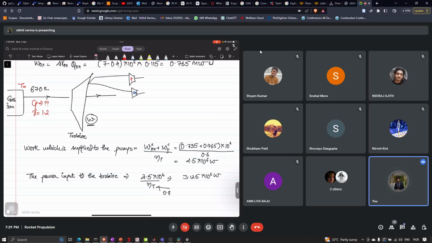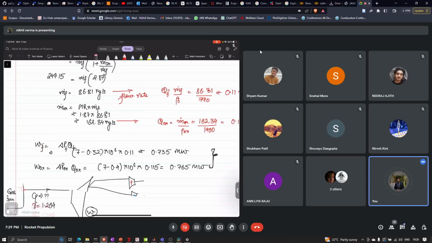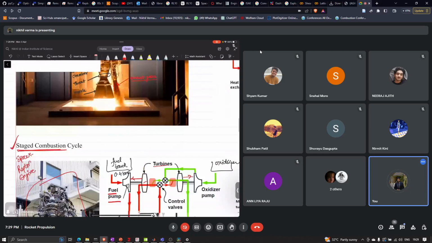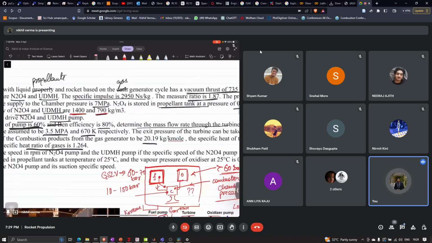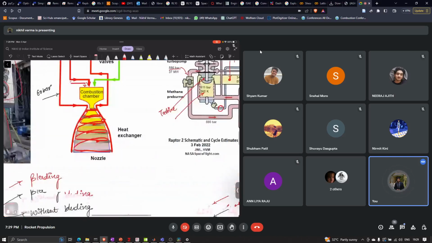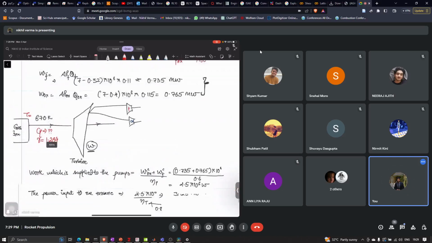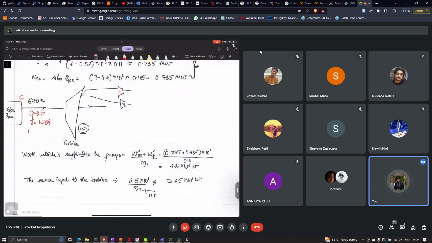This is 1.264. I guess Cp should be given, no? Okay, molecular weight is given, so 20.19. So the molecular weight is 20.19 kg per kilomole. It is given.